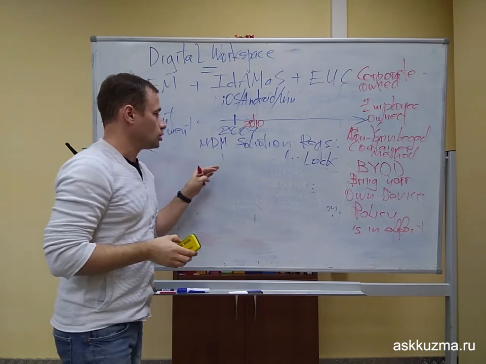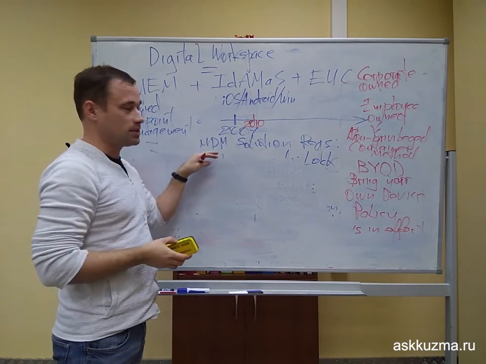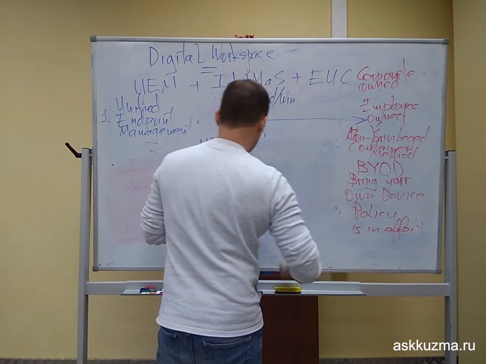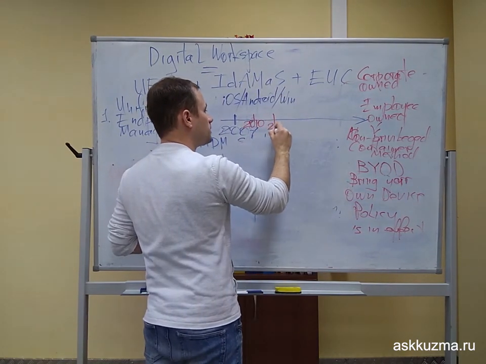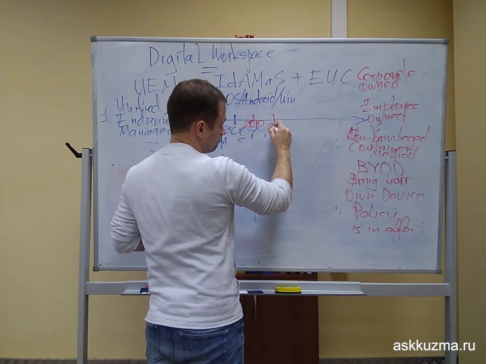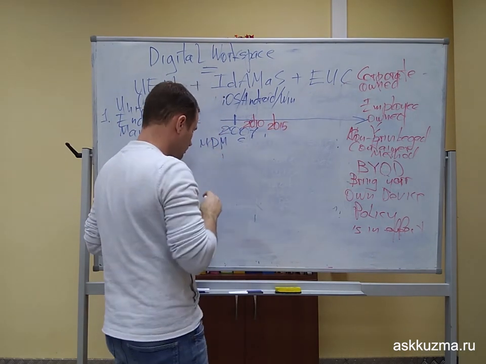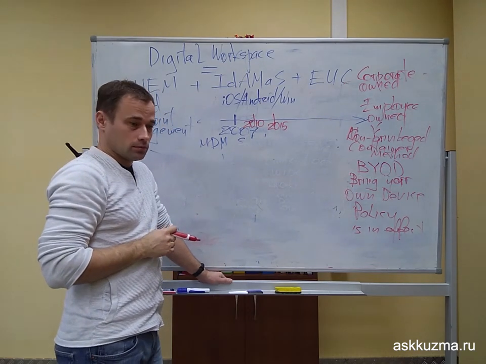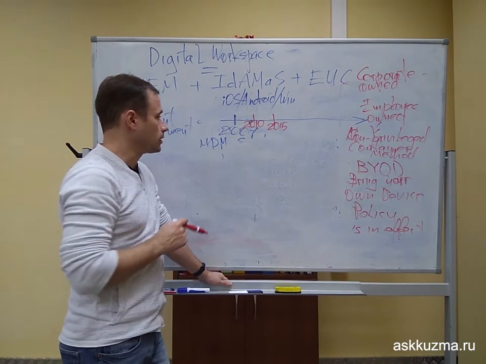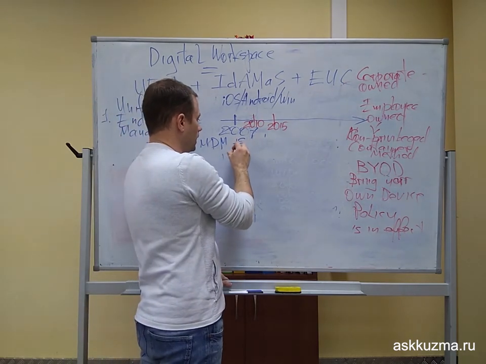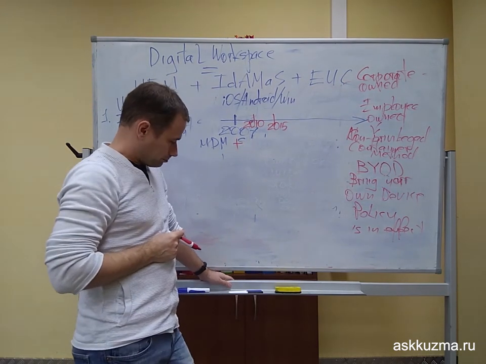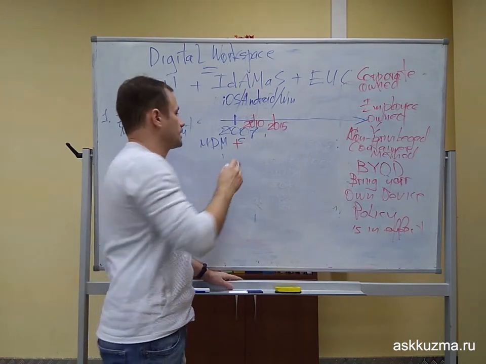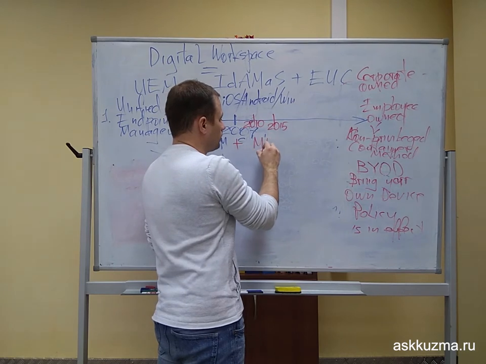So, in addition to all this MDM related functionality, by the year of 2015, a subset of MDM solutions evolved into something new, something that provided some additional functionality, right? Starting from something called MEM.